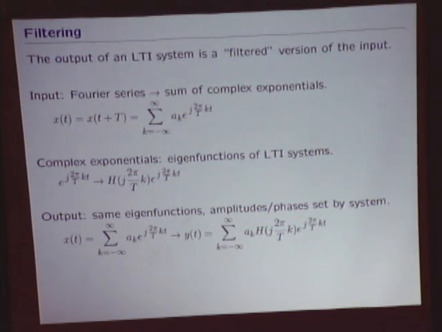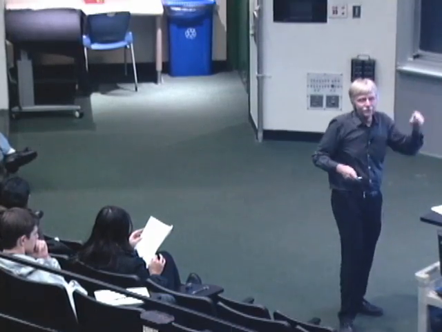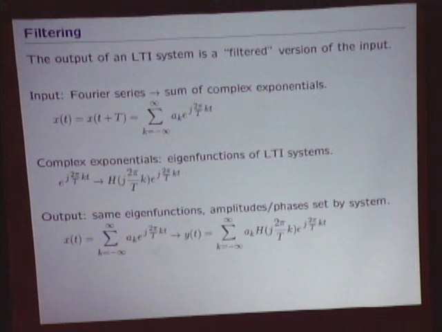The neat thing that happens if you think about Fourier series is that you can break down the input into a sum of discrete parts. The first harmonic, the 0th harmonic, the second harmonic, the third harmonic. And now, each one of those parts was an eigenfunction, and each one of those parts gets preferentially amplified and or time delayed according to the frequency response idea for the system.